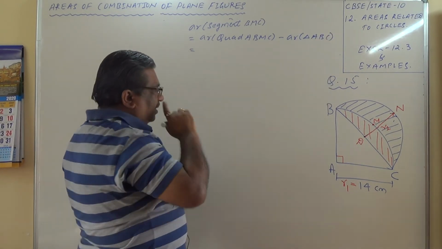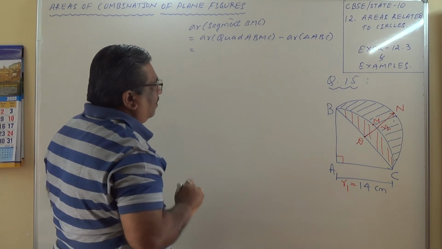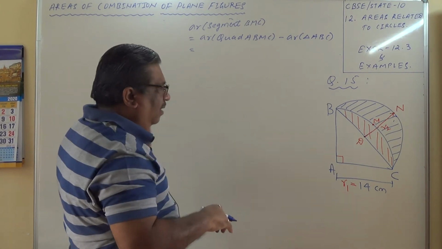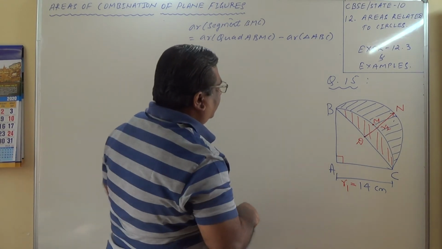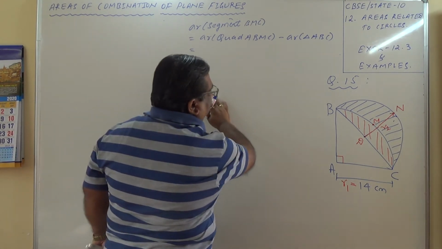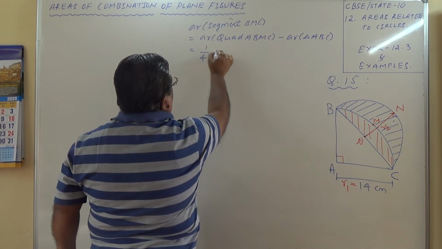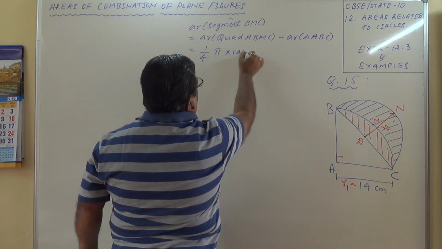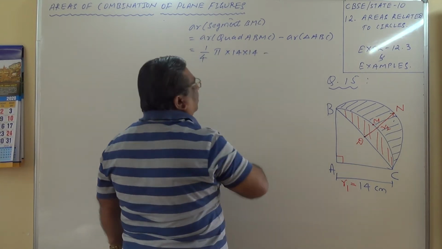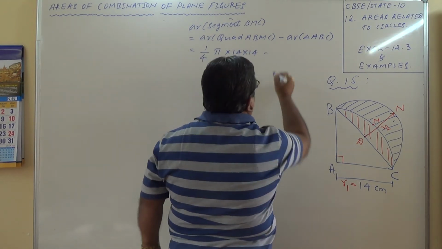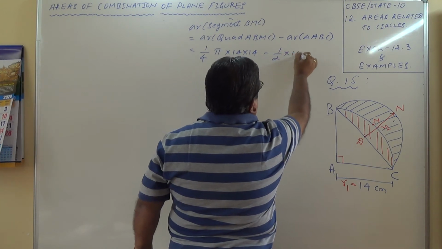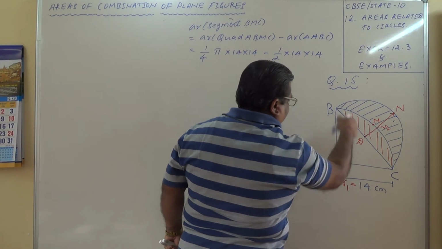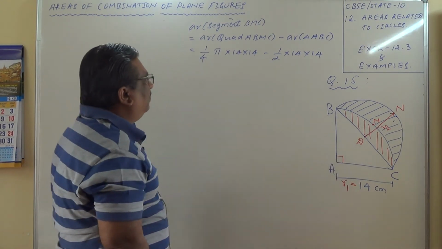What is the area of the quadrant? Area of the quadrant is 1/4 pi into 14 into 14, minus area of the triangle ABC, which is half into 14 into 14. Area of the triangle ABC is half base into altitude.